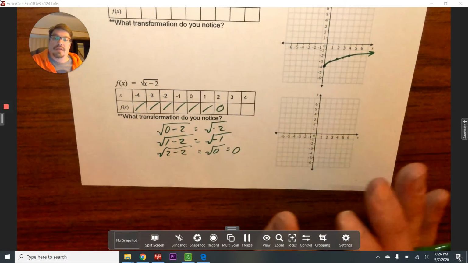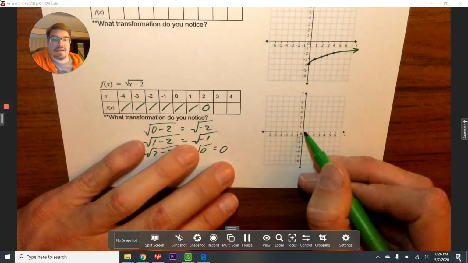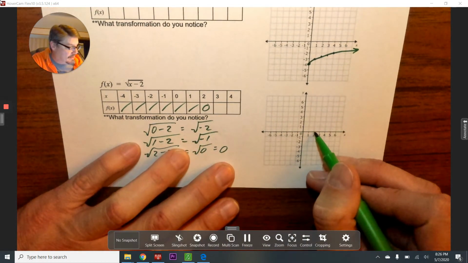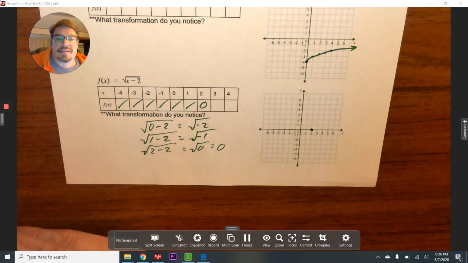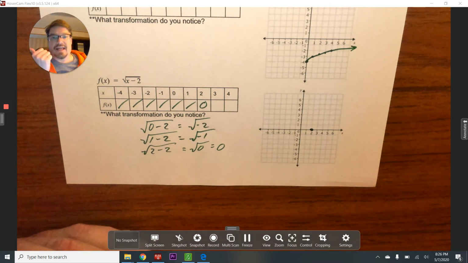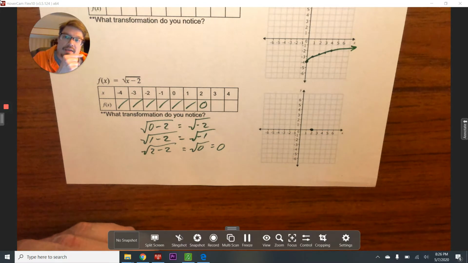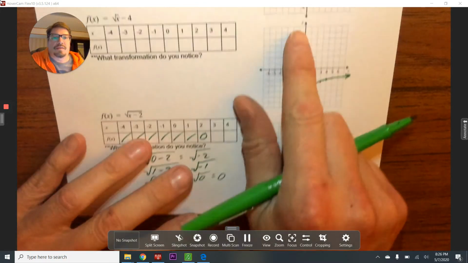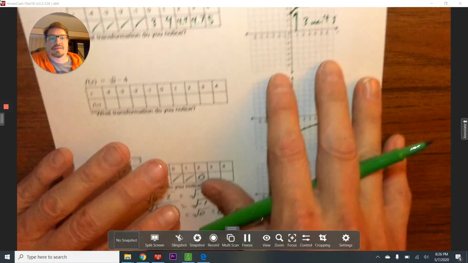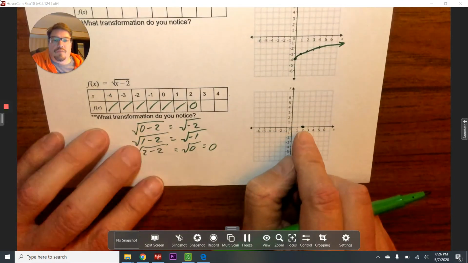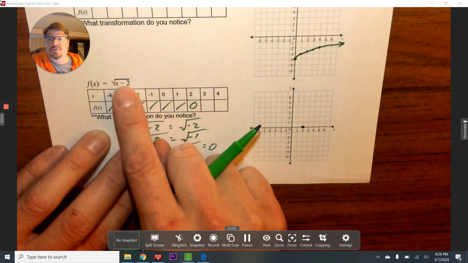Now notice what happens then. When x is 2, y is 0. So you can see right there that this is actually not a shift to the left, right? It's a shift to the right. And so this parent function here will now move 2 units to the right, even though we are actually subtracting. All right.